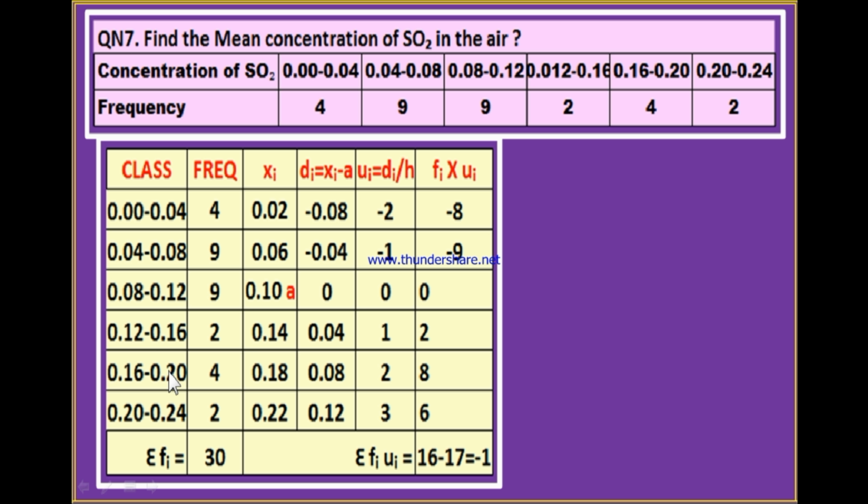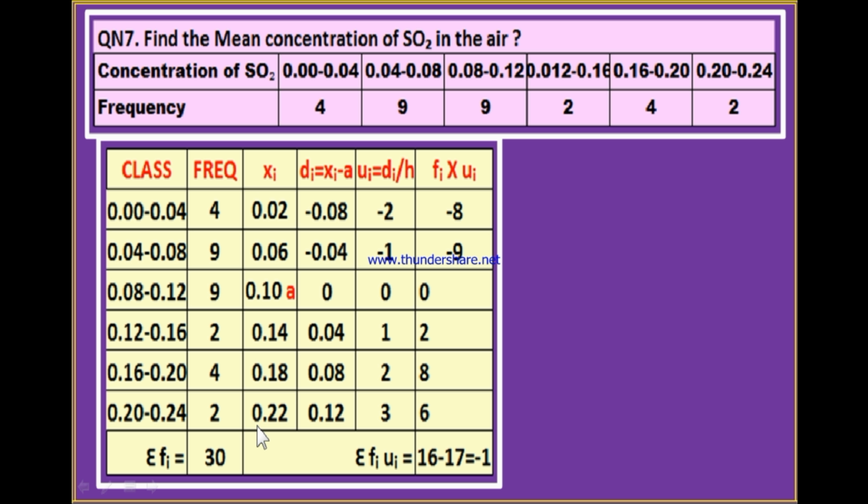For this class, how to find the class mark? 0.16 plus 0.20 is 0.36, and 0.36 divided by 2 is 0.18. 0.20 plus 0.24 is 0.44, and 0.44 divided by 2 is 0.22. These are the class marks or mid values.